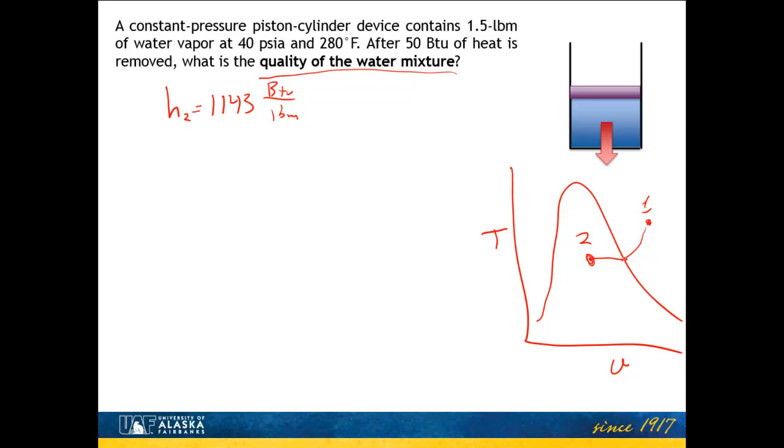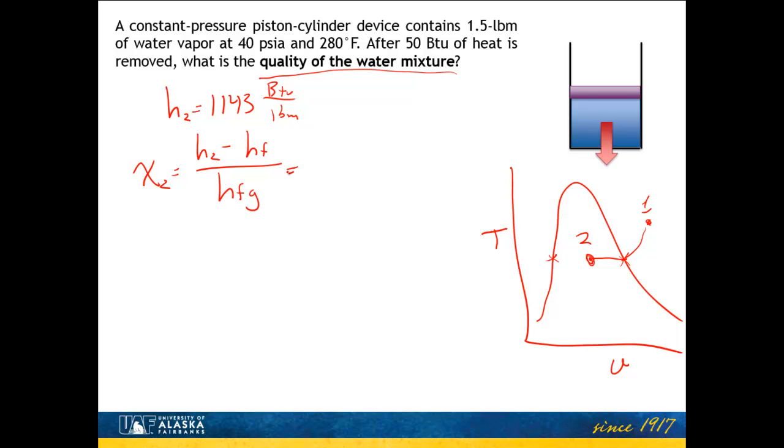And so I'm going to go ahead and take an average between that value of Hg and that value of Hf right there to calculate my value of x2. So x2 is going to be H2 minus Hf over Hfg. That's just the difference between those two values.